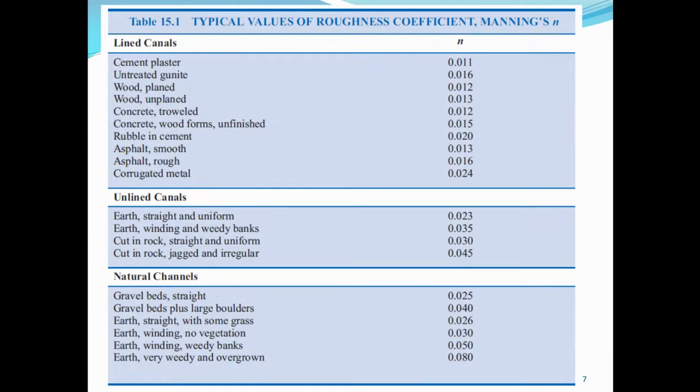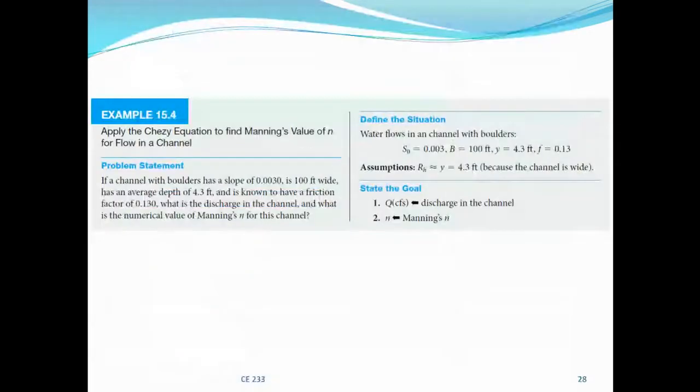Lined canals have a relatively higher coefficient because they are rougher, and natural channels as well. Natural channels have the highest because the channels have rough bed surfaces. So that's why it's called Manning's roughness coefficient n.